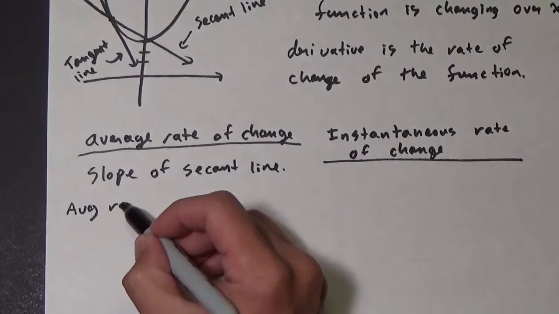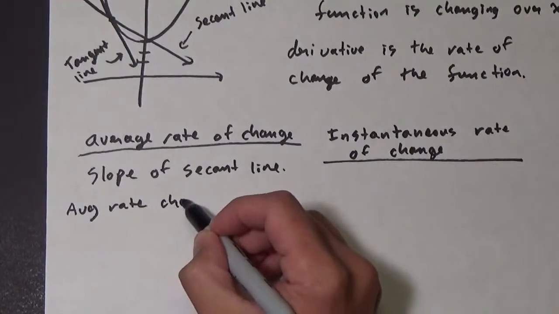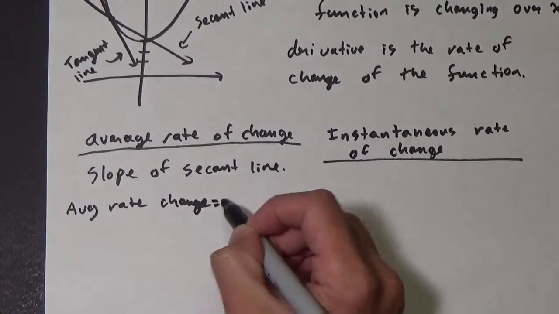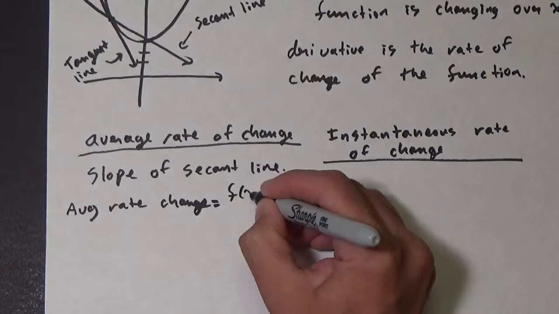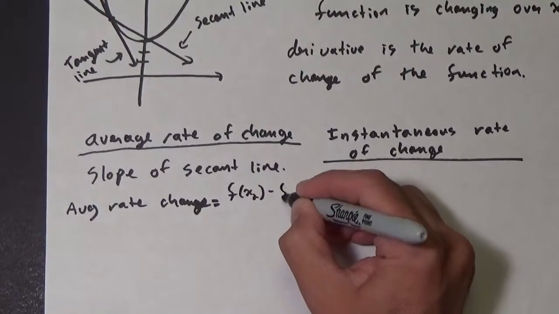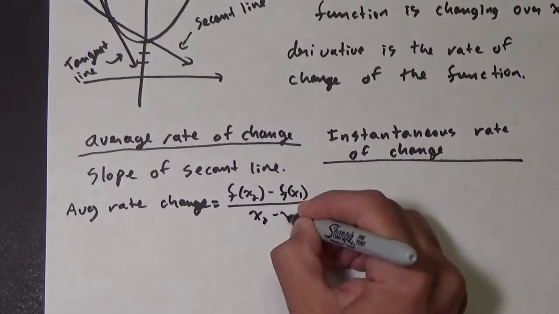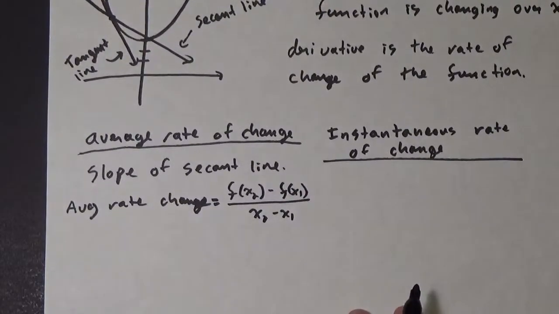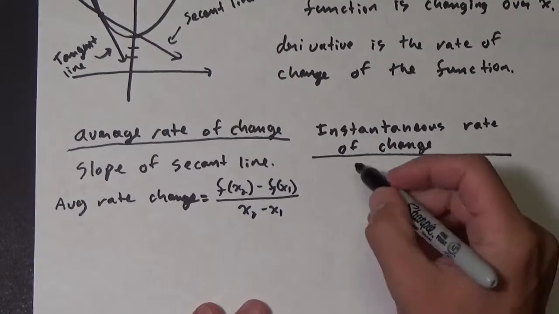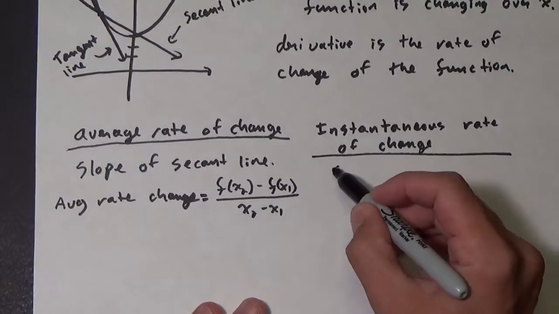Average rate of change equals f of x sub 2 minus f of x sub 1 all over x sub 2 minus x sub 1. And you have to use that if you have only data points. You don't have a function, but you want to get an idea of what the rate of change is. Now the instantaneous rate of change is the slope of the tangent line.